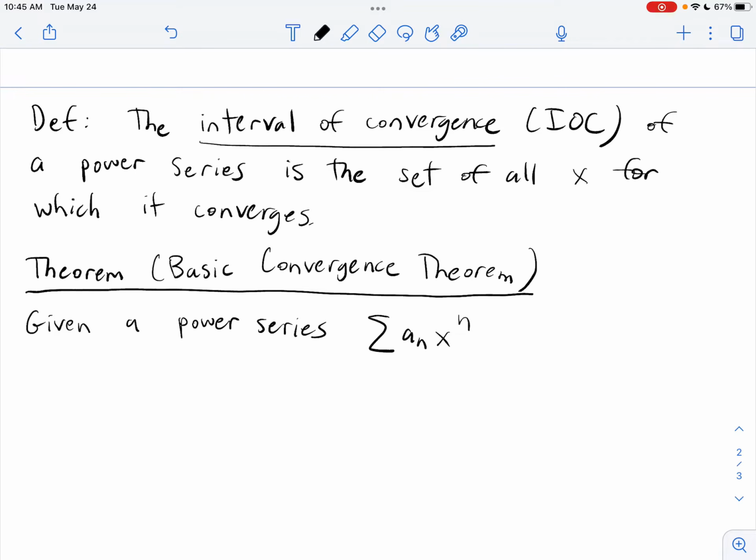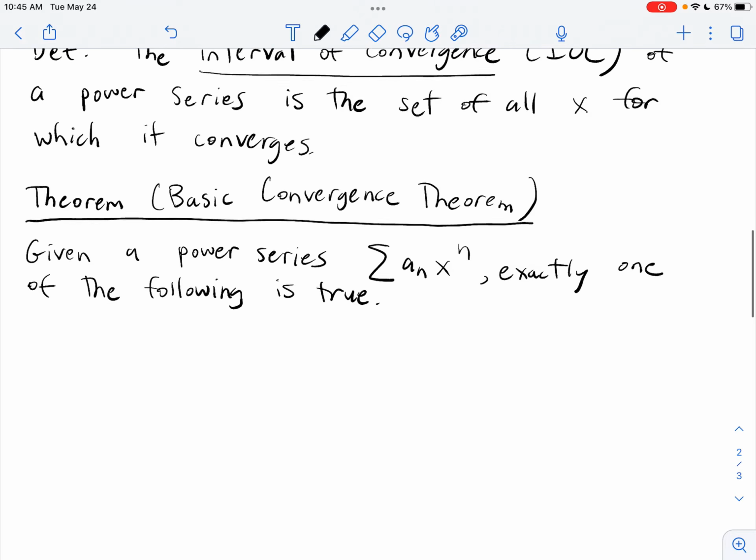So given a power series, exactly one of the following is true. So there are exactly 3 cases.